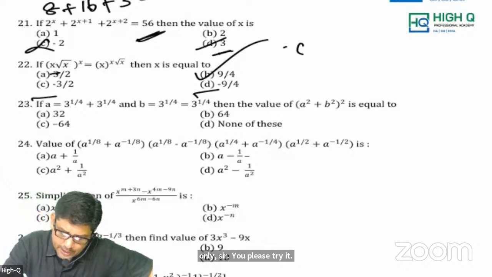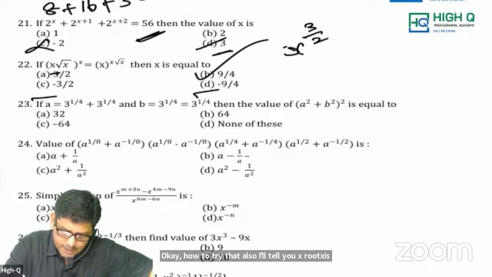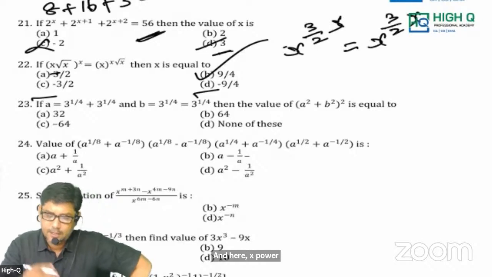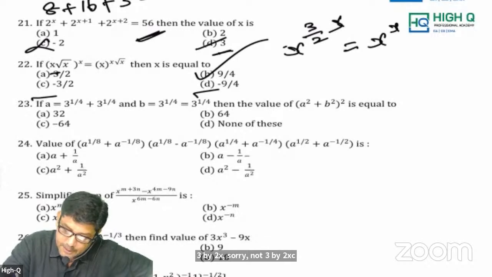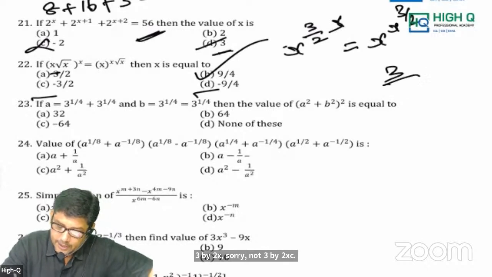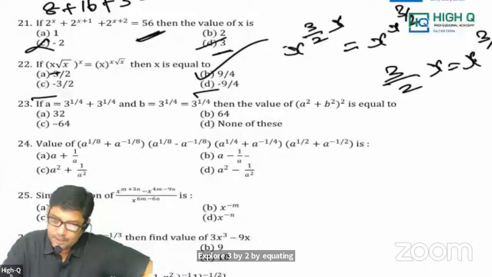X root x is x power 3 by 2. See, x power 3 by 2. By equating, 3 by 2x is equal to x power 3 by 2.